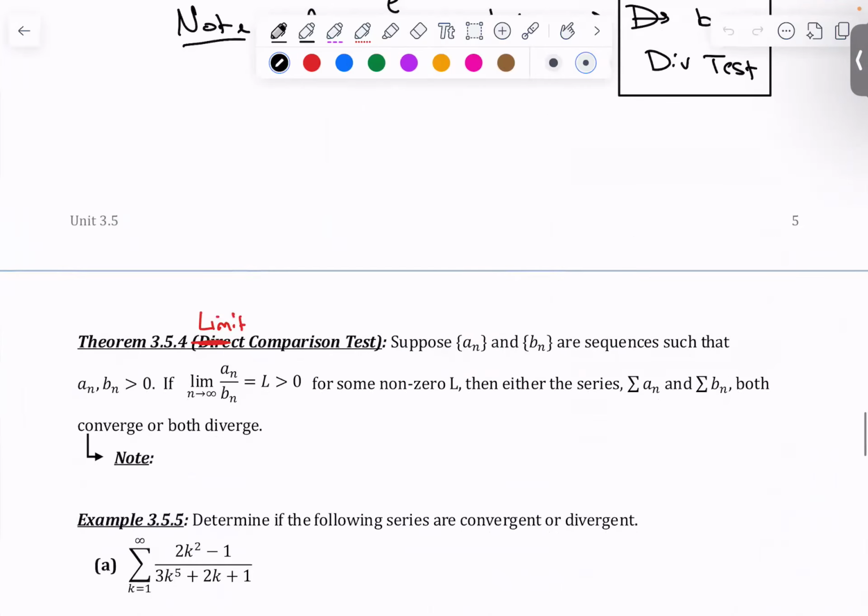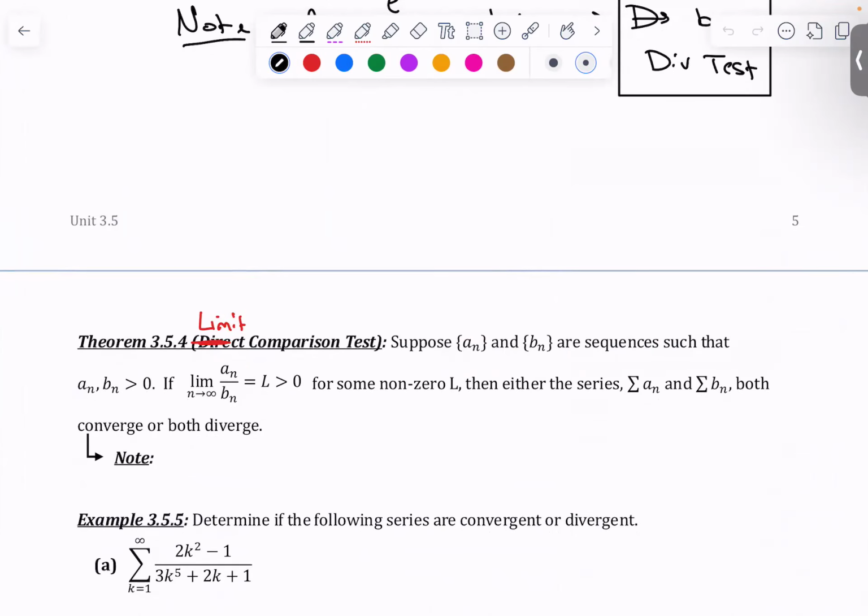So the limit comparison test. Suppose that a_n and b_n are two sequences such that both of them are positive. That is kind of needed. You can also bend the truth a little bit and say, suppose that they are positive for all n after a certain point.